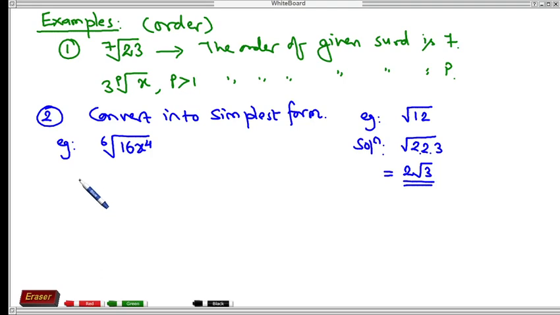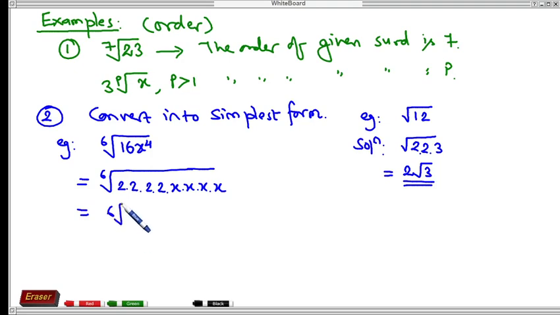If this is given, then let's try. 16 is 2 times 2 times 2 times 2, 2 to the 4, and x times x times x times x, or simply x to the power 4 is known. The sixth root of 2 to the power 4 times x to the power 4, here I just expanded, that doesn't matter, and 2 to the power 4 times 1 by 6, x to the power 4 times 1 by 6.